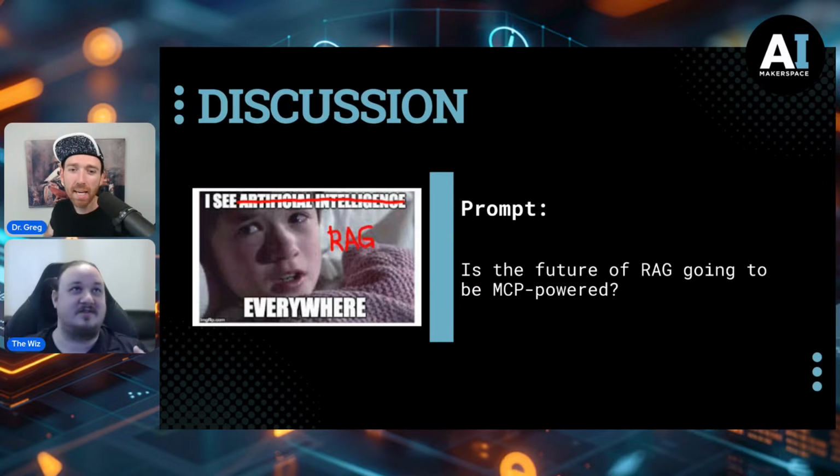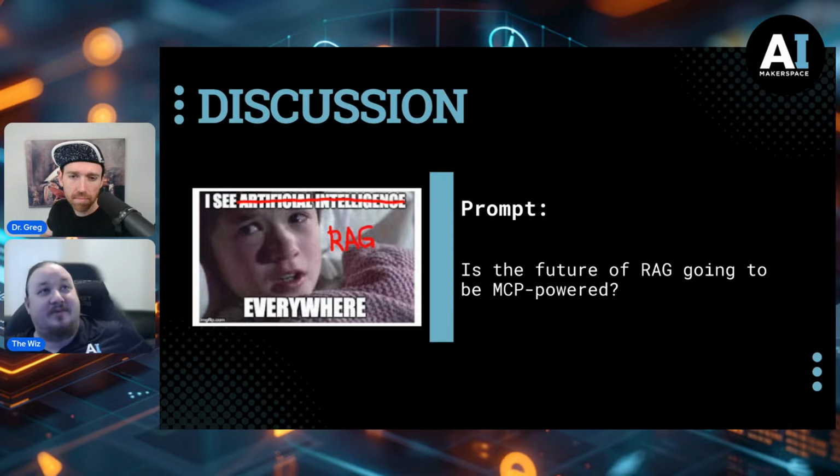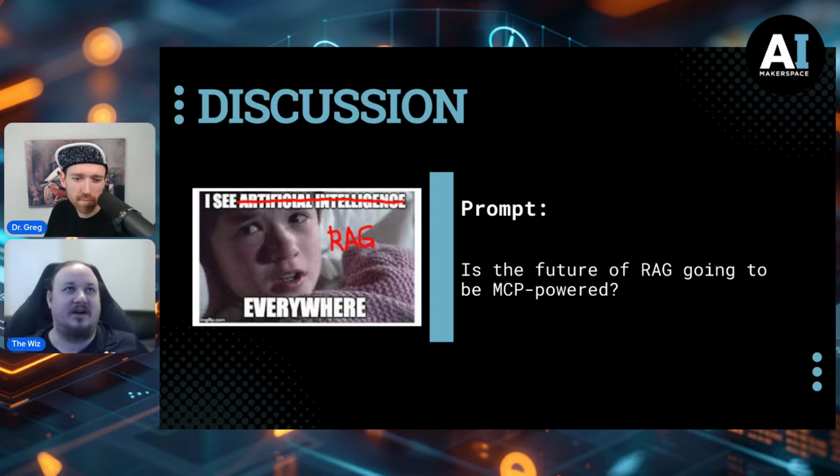So the way MCP does retrieval, though, you can dial in. Yeah, you can use MCP to find context through an API, right? But it's not meant to house your vector index. It's not meant to be a big repository for piles of data, right?